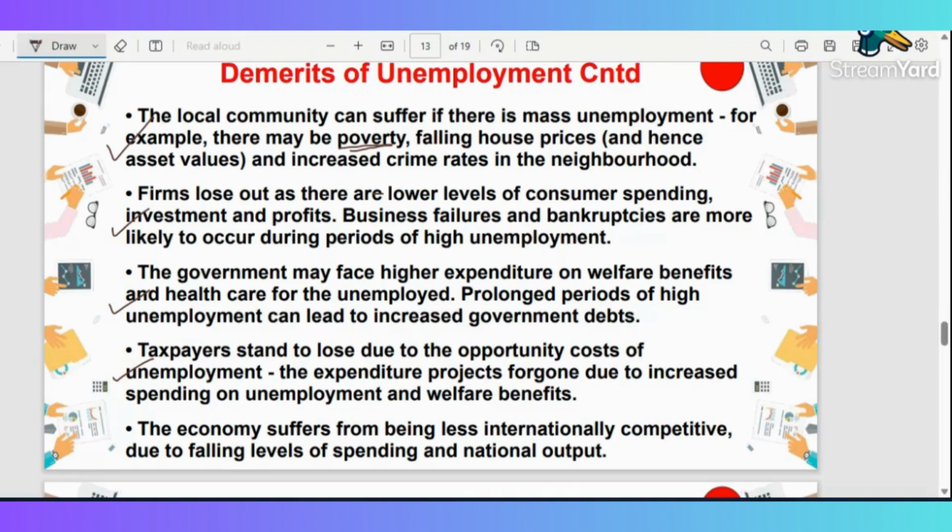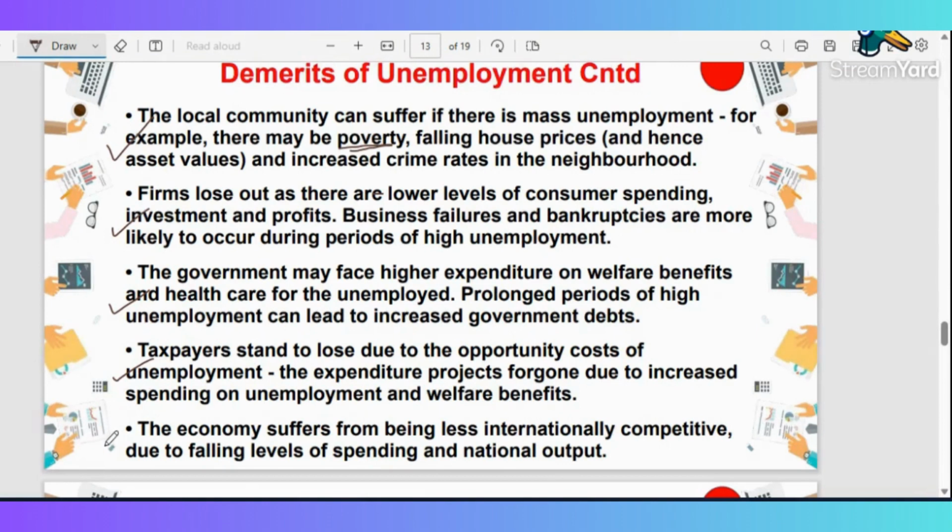So those persons are now on the streets. And earlier we said there is poverty and a decline in the standard of living. So now all the money has to go to the welfare benefits and so forth of the unemployed. So we're not pleased with how the money is being used.